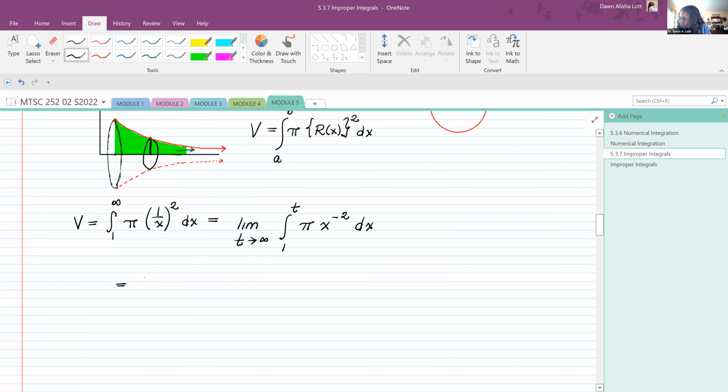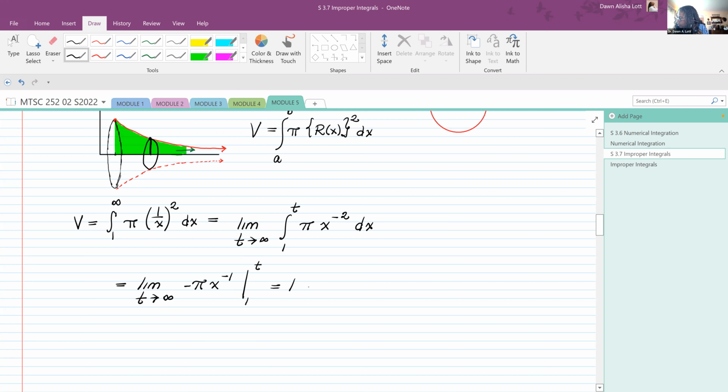So now we get the limit as t approaches infinity of, when we integrate this, we get pi, but now I'm going to get x to the -1 over -1. So I get negative pi x to the -1, and that gets evaluated between 1 and t.